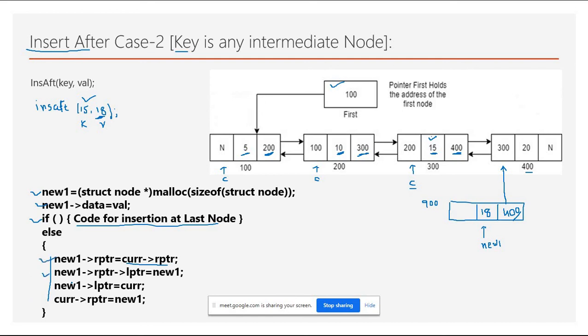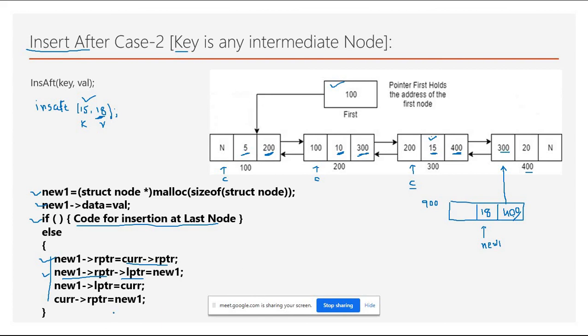Now what you have written is new one point to rptr, point to lptr. So this will be new one, point to rptr, right? It is 400. This means what? New one point to rptr. So in the rptr of the new one is 400. Fine. So 400's lptr. What is there in the lptr of 400? 300, right?